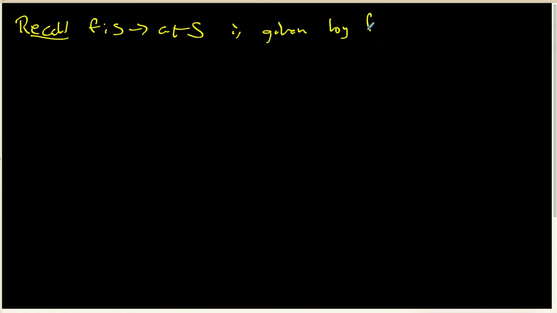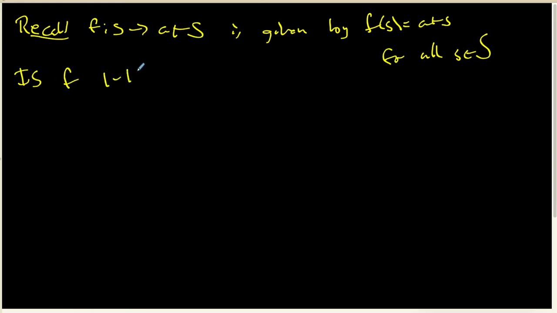So again, just to remember that our function is going from the subring to the coset, it is given by f of little s equal to a plus little s for all little s's inside the subring. And I want to know, is f one-to-one?